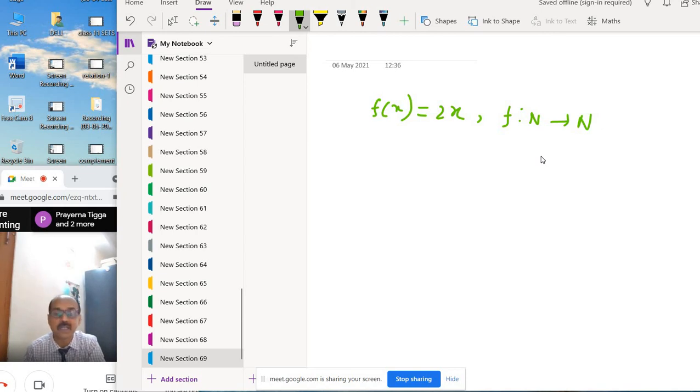The first set and second set, all the elements are natural numbers. N to N means A to B, first set to second set.